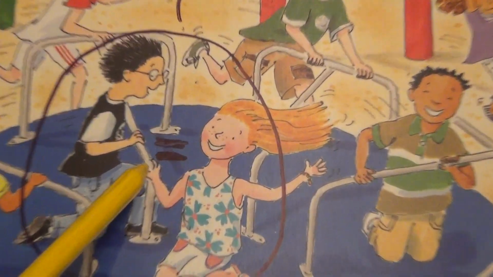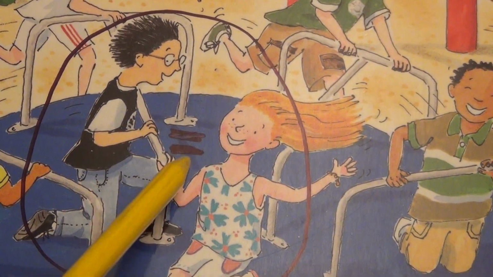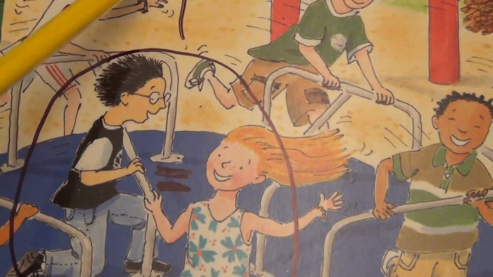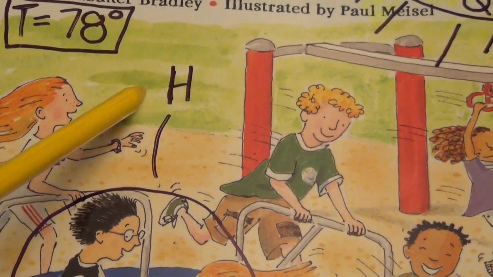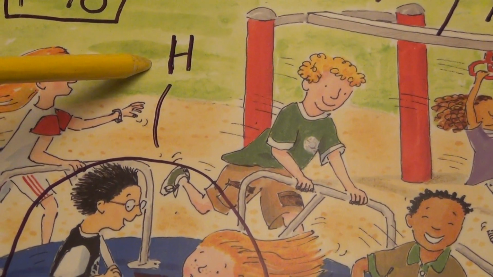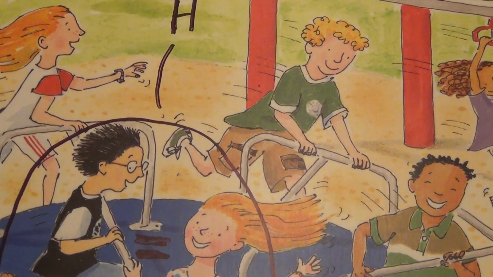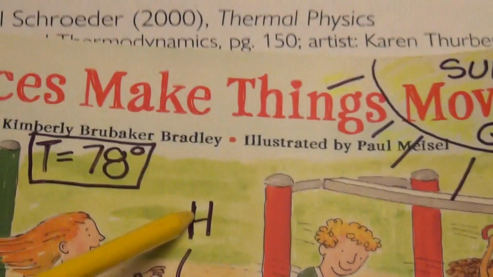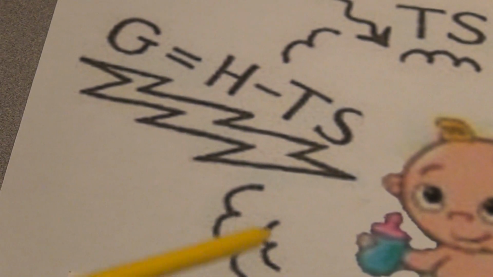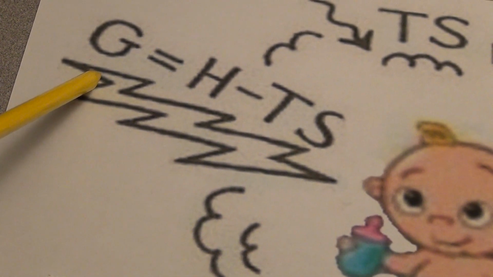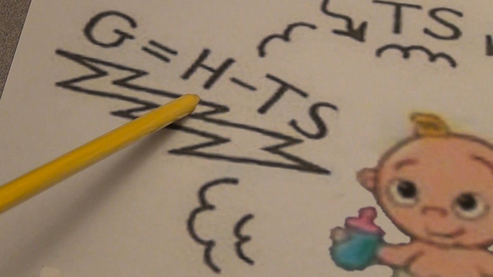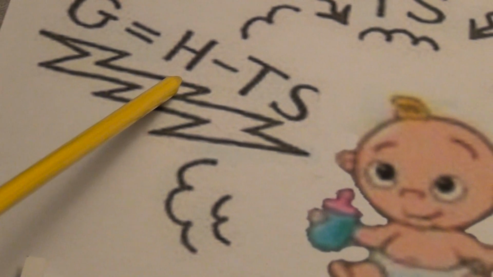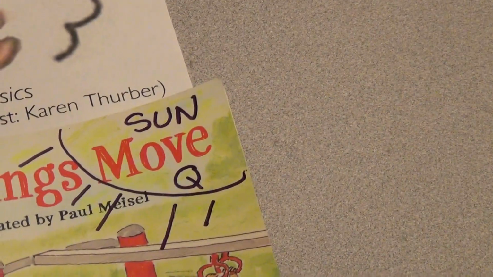So they have what's called a friendship bond, shown by the two lines here. And we symbolize this by the letter H. And this formation energy can be stored in these friendship bonds, which comes from energy of the sunlight.